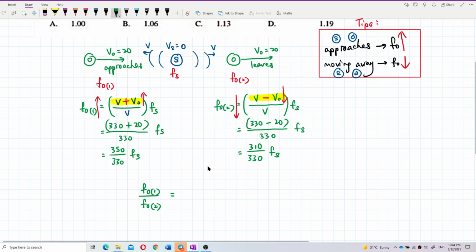So we can substitute here. At the top here we have this, and then at the bottom we have this, right?